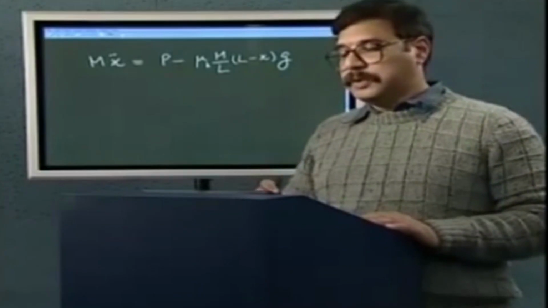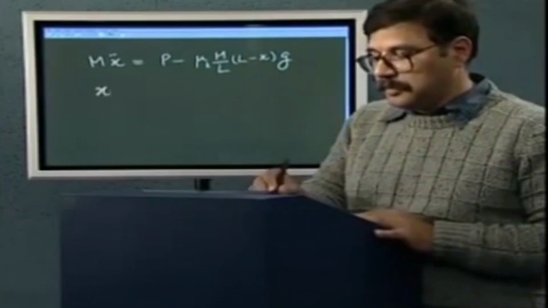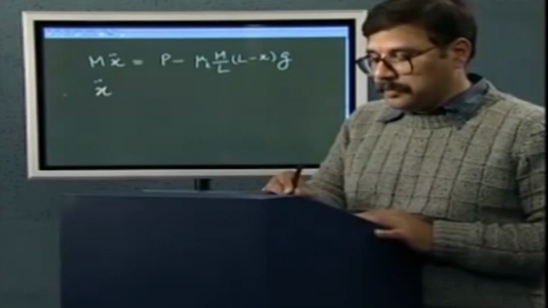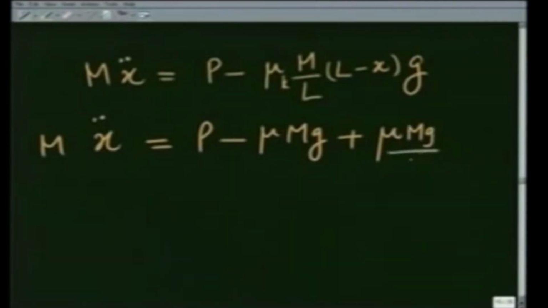It is understood mu is the kinetic friction coefficient. So, x double dot therefore is given as P minus mu m g plus mu m g over L times x.